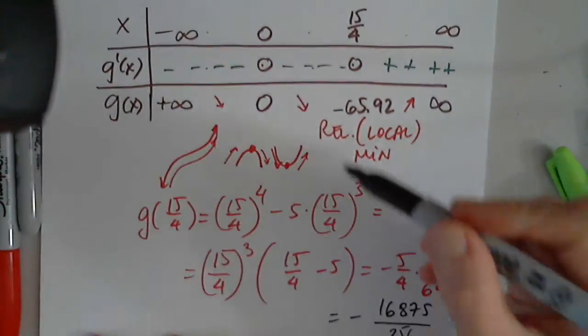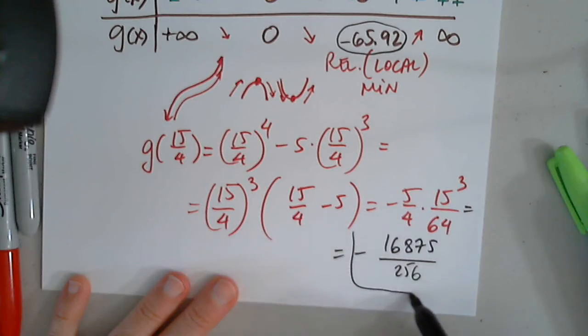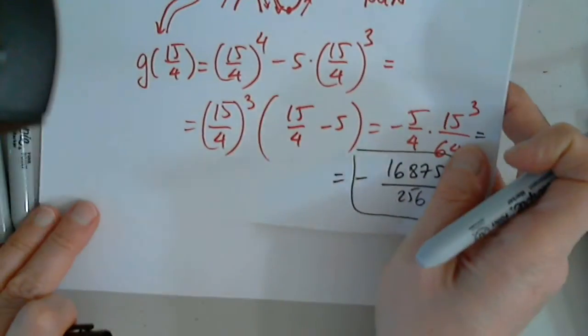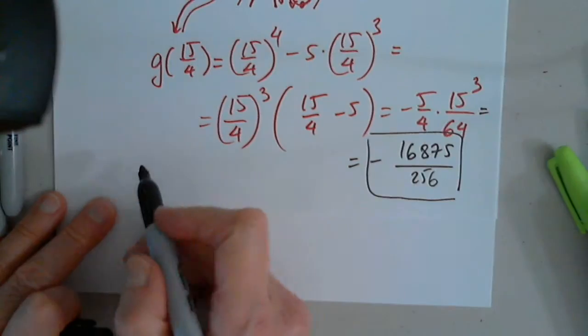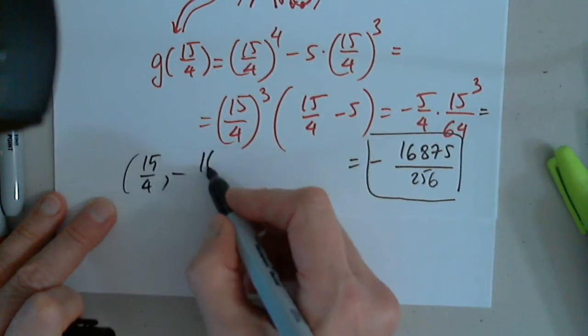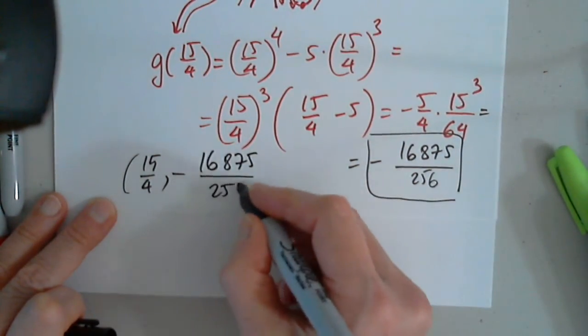It may not accept the answer like this. They may want an exact answer, and then we have to enter the point of extrema, which is in this case a minimum. So it will be 15 over 4 comma negative 16875 over 256.